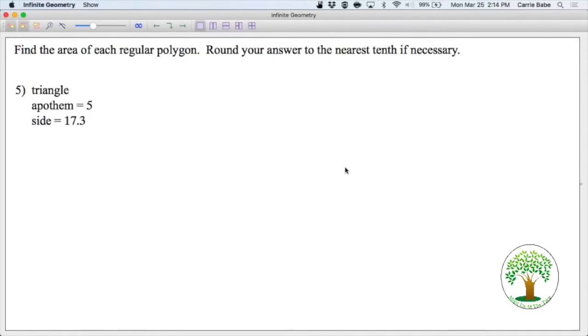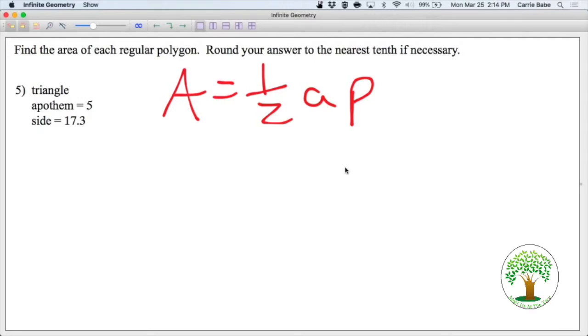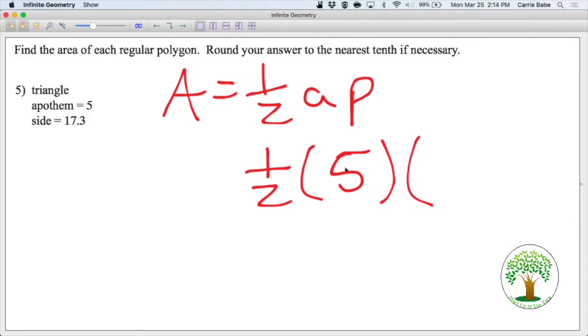Let's move on. This time there is no diagram. It says it's a triangle. It tells you the apothem and it tells you the side. Area is 1/2 the apothem times the perimeter. We have 1/2. What's the apothem? 5. What's the perimeter? 17.3 times 3.